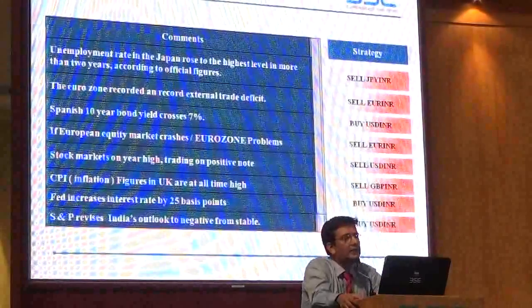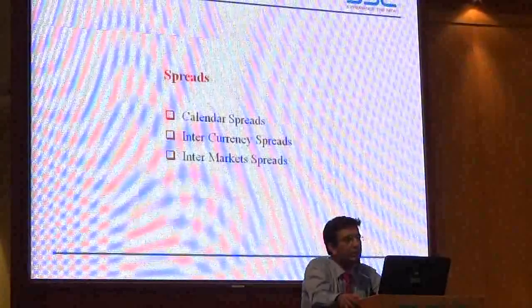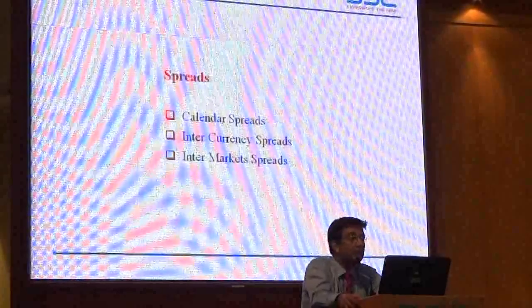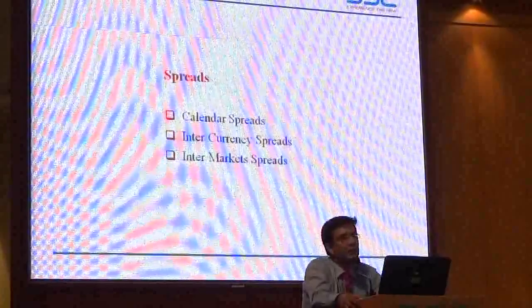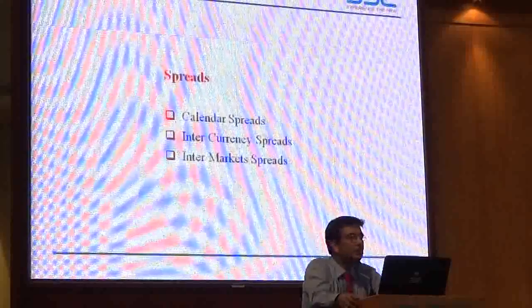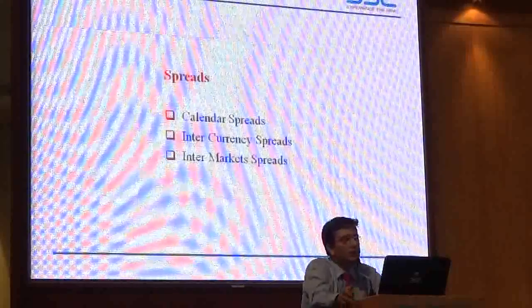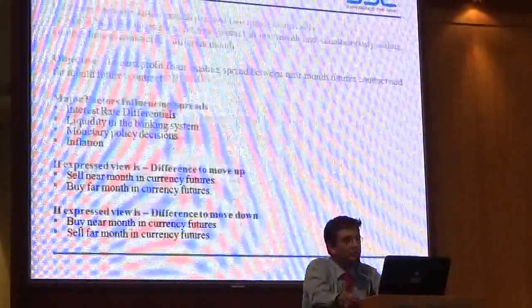Same way we have currency spreads like calendar spreads, which you have in equity derivatives. Then intercurrency spread. Intercurrency spread is something like you buy euro and sell USD, or you buy yen and sell dollar. That is more on the fundamental basis of both the currency pairs.